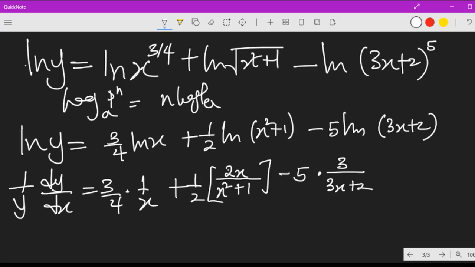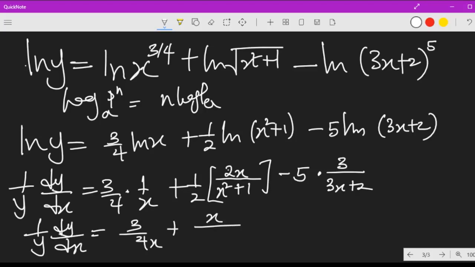Now, having this, let's try to expand this. 1 over y dy/dx will give you 3 over 4x plus, this will cancel this, we have x over x squared plus 1, minus 15 over 3x plus 2. So this is how it is.